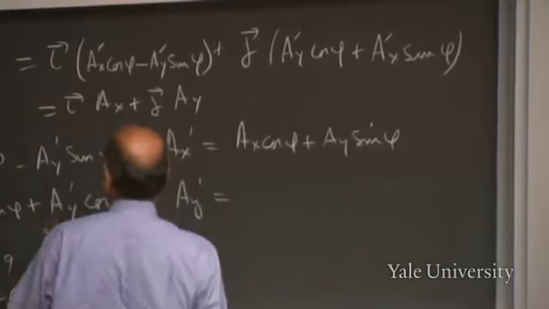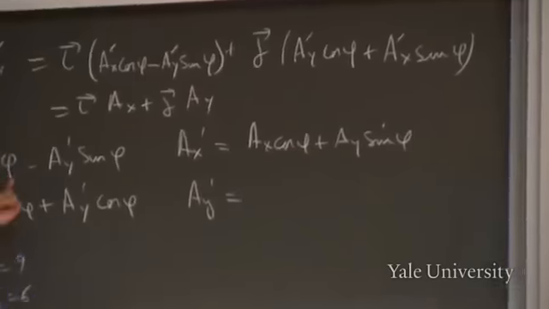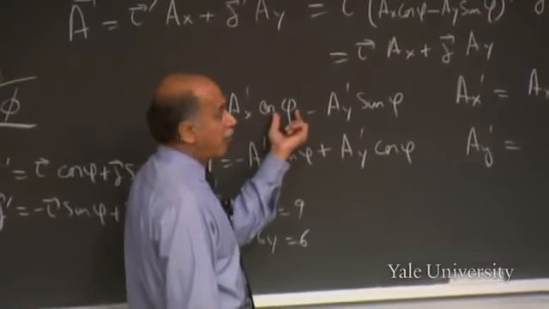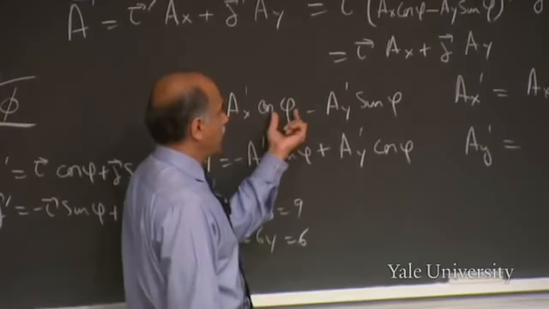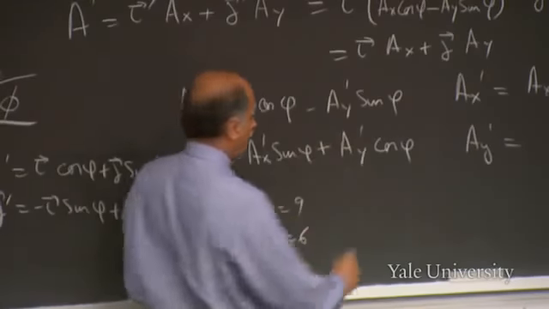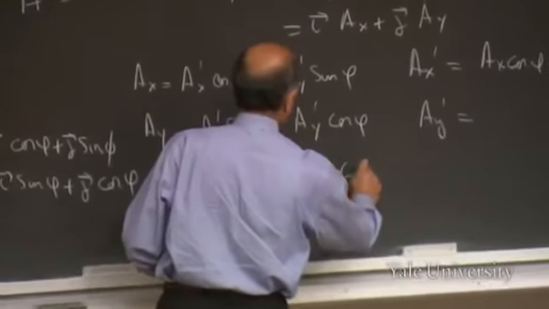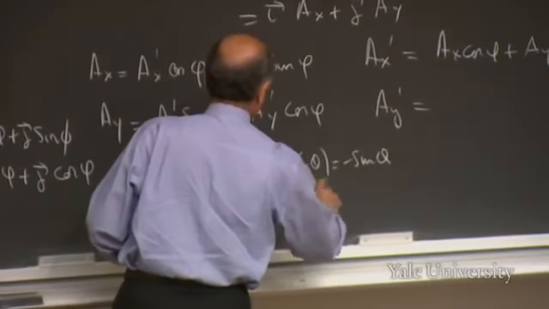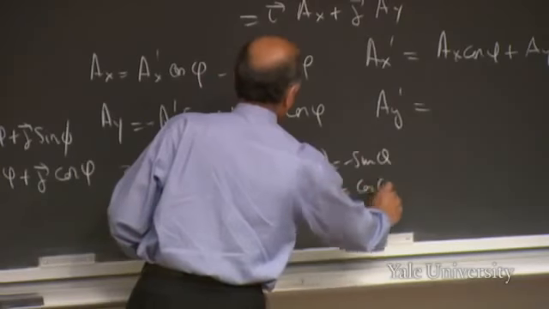I'm using the fact that when you take a cosine and change the sign of the angle inside the cosine, it doesn't care. Whereas if you go to the sine and change the sign of the angle inside the sine, it becomes minus sine. In other words, sine of minus theta is minus sine theta, and cosine of minus theta is cosine theta.